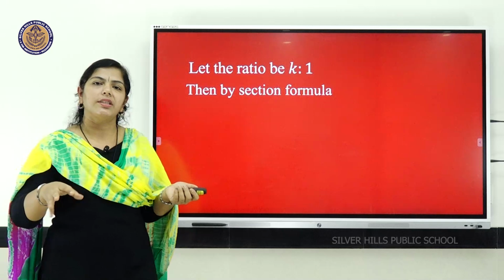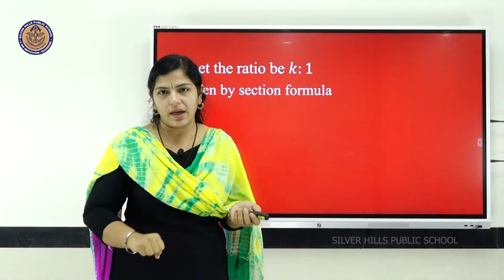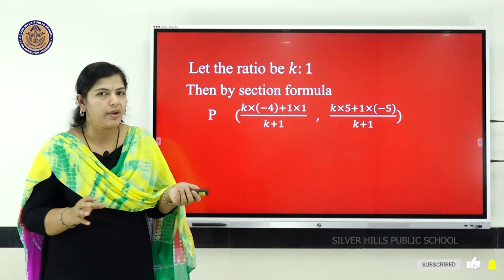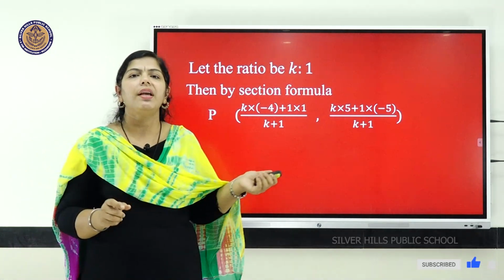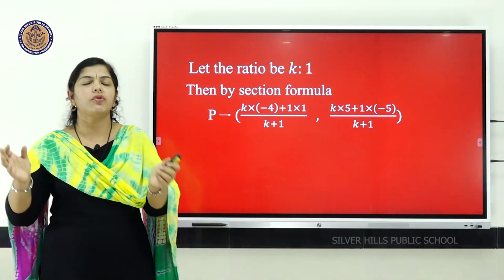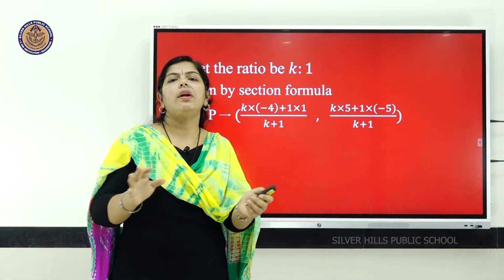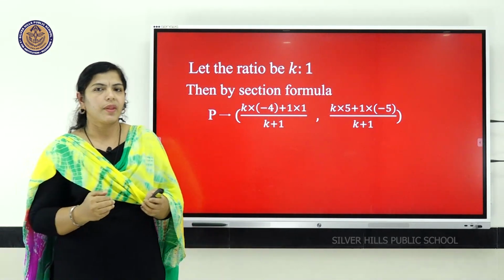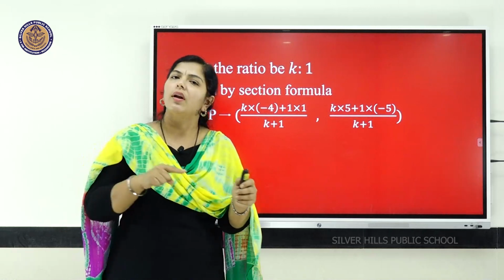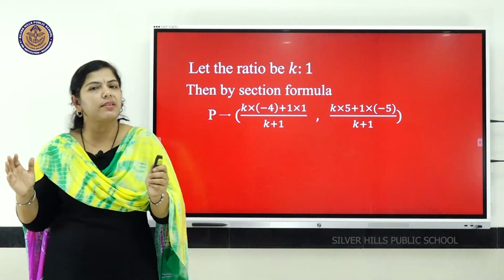So, the same section formula again we are bringing in. The coordinates of P we are finding, the x coordinate and the y coordinate: (m1 x2 plus m2 x1) whole divided by (m1 plus m2), and the y coordinate (m1 y2 plus m2 y1) whole divided by (m1 plus m2).